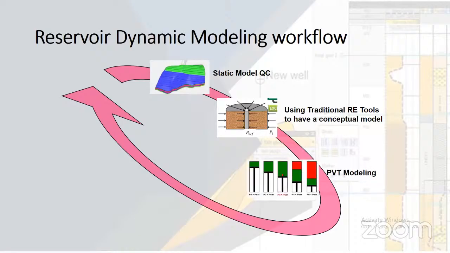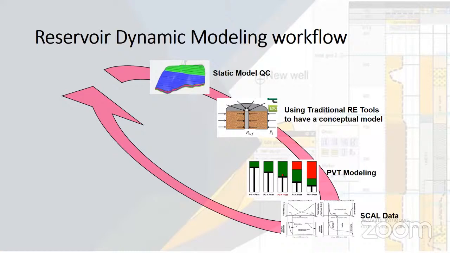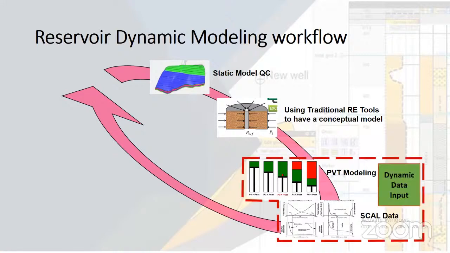Okay, great. Then we have some data that we require to run the dynamic simulation, which are the PVT and the SCAL data. As you know, the PVT and SCAL data are measured by laboratories, but we can't use this raw data directly in the simulation.